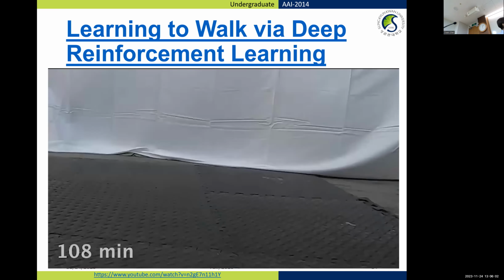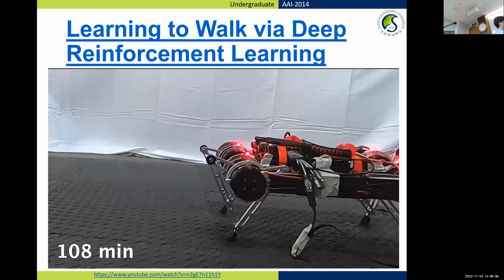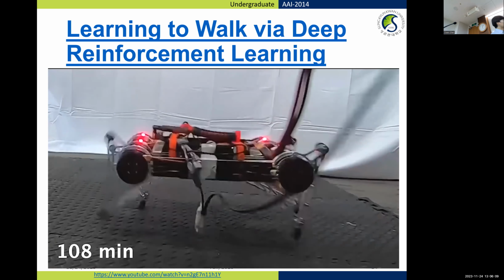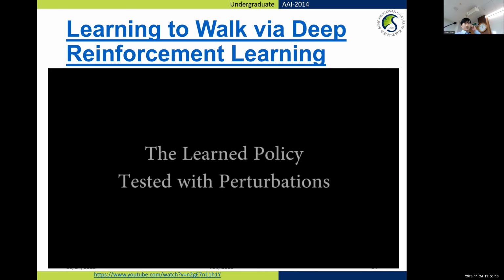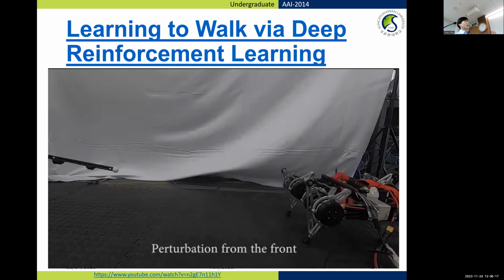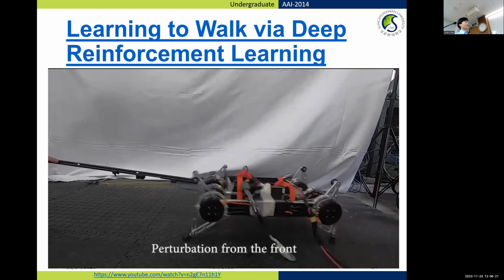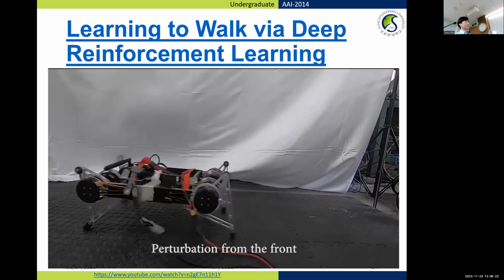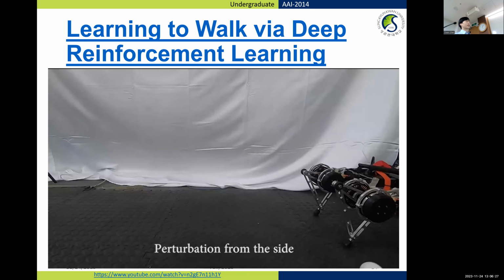After 90 minutes, this machine almost learned. After more than 100 minutes, it already learned how to walk forward. After learning the policy, they also tested with different factors, giving some forces from outside to test.